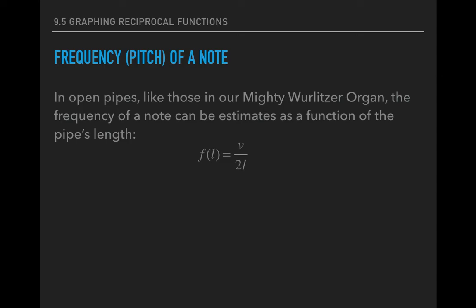So the frequency is found in terms of the length of the pipe, and it is V over 2L, where V is the speed of sound, which is about 3.41 meters per second. So based on the length of the pipe, there will be a different note produced.